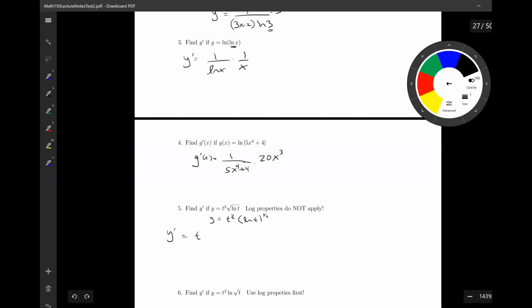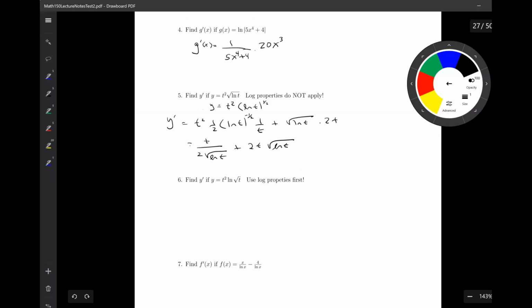To find the derivative, first d second plus second d first. I guess you could simplify this a little bit: t over 2 square root of ln of t plus 2t square root of ln of t.